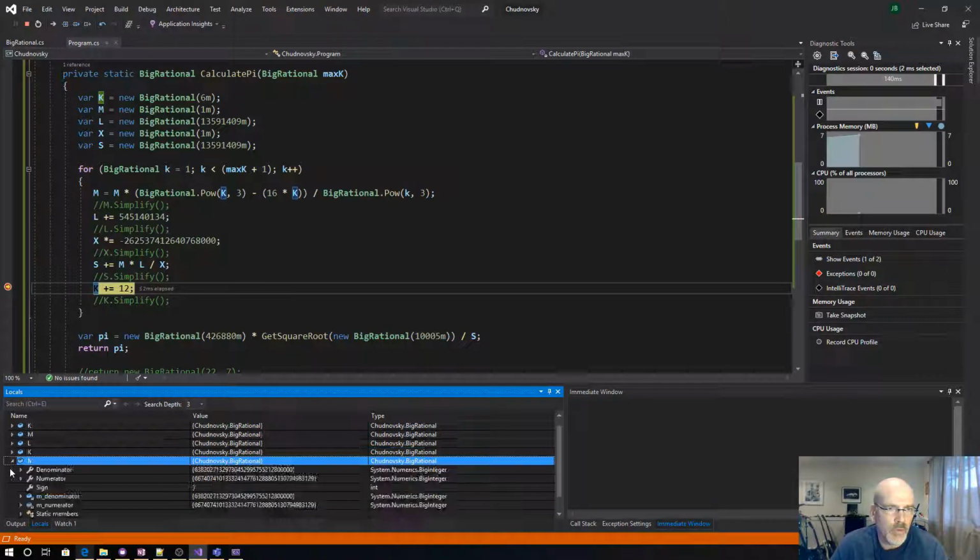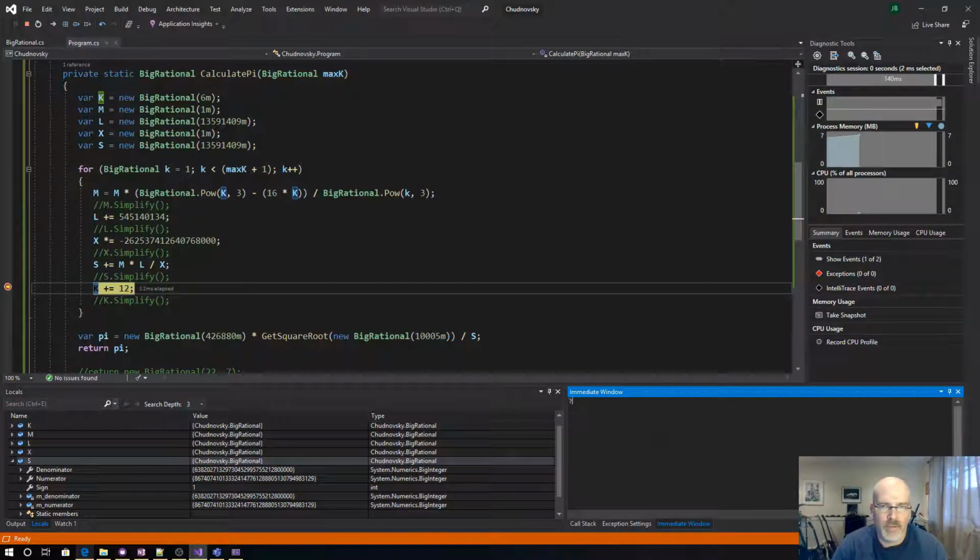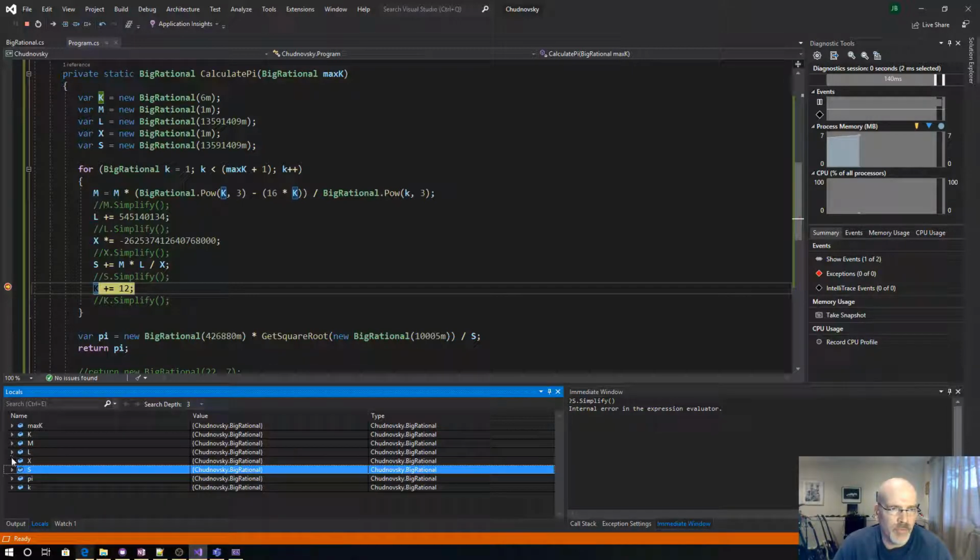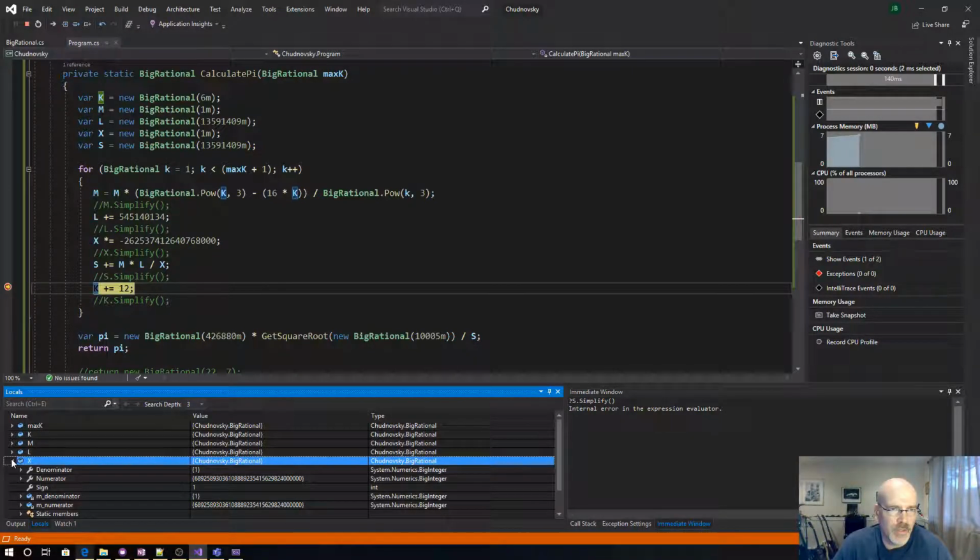S is the one that gets to be a pain. If I say s.Simplify, it doesn't matter, it can't simplify it. I think all the rest of these always stay the same.